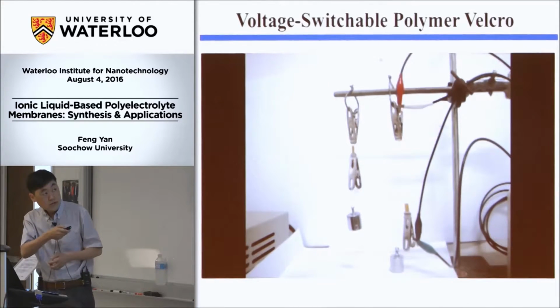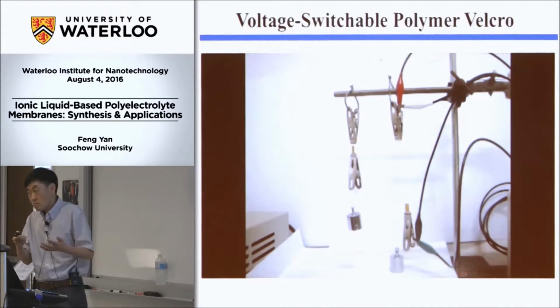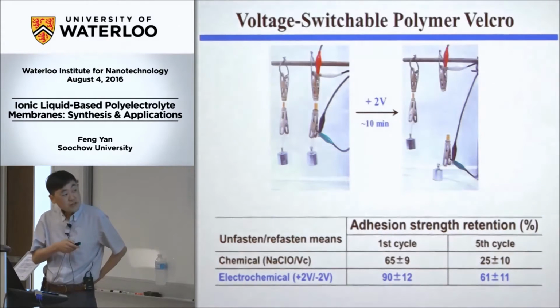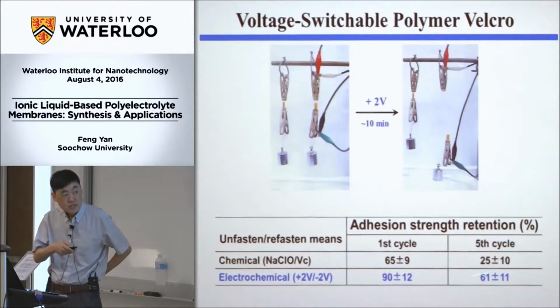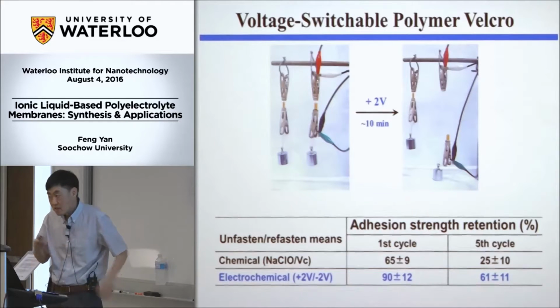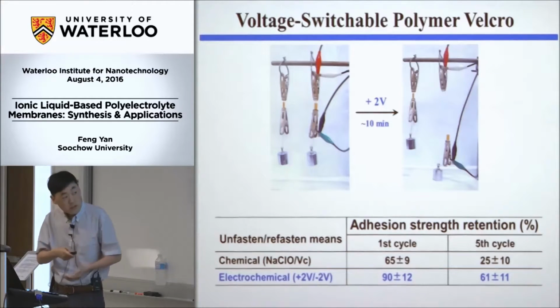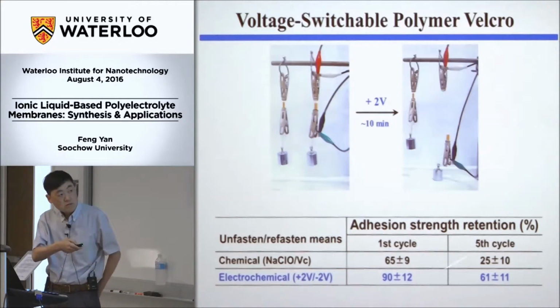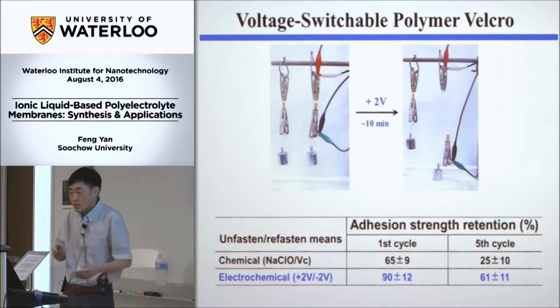But without applying the voltage, no. And from this result, you can see the advantages of using the electrochemical method. After 5 cycles, the electrochemical method still keeps the strength retention at roughly 61%. But if you use the chemical method, the surface of the polymer membrane was destroyed, and the strength retention is quite low.